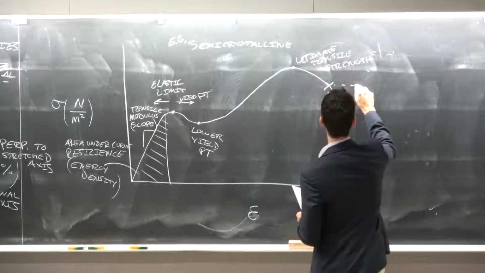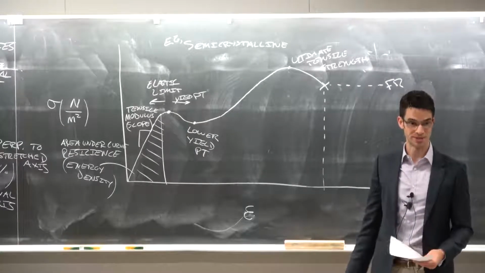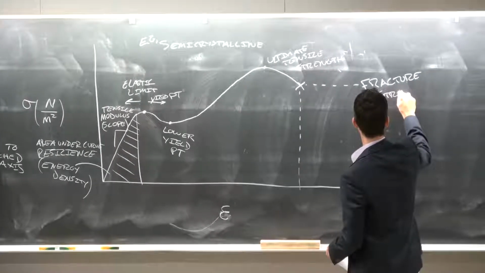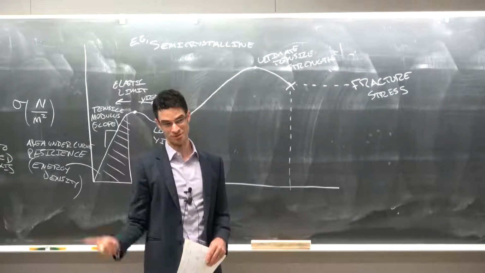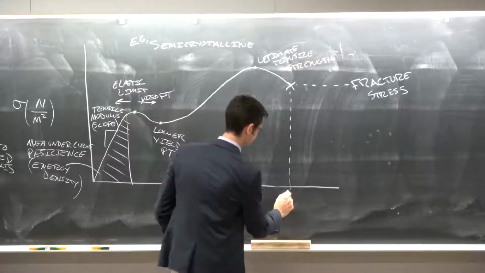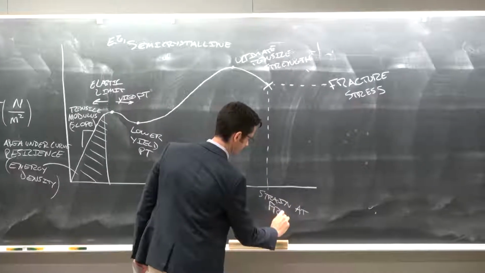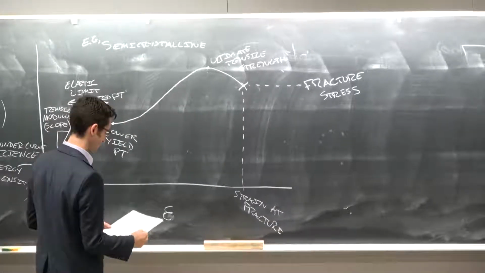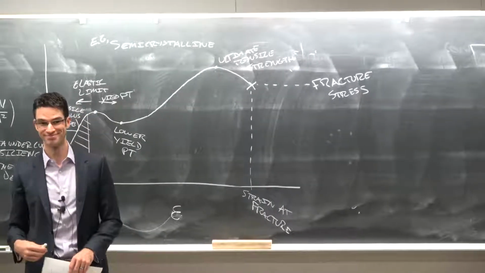Then we have this fracture, and the fracture stress is called the fracture stress. The fracture strain, however, is called the strain at fracture, or the fracture strain, or the elongation at break.